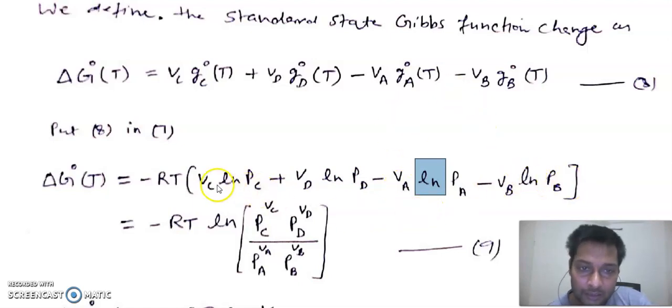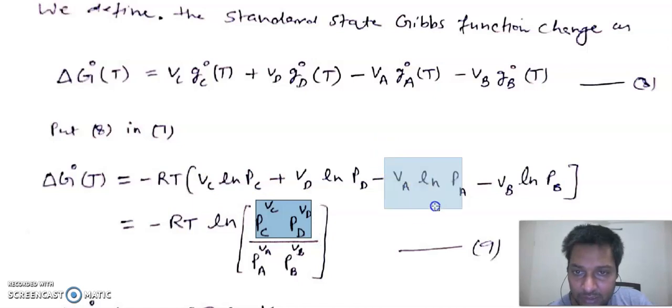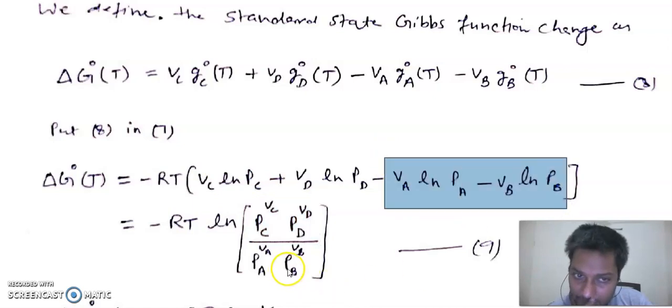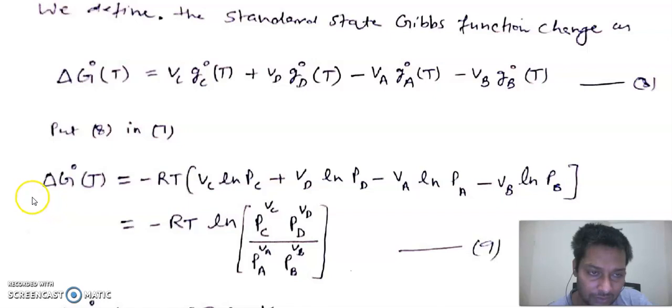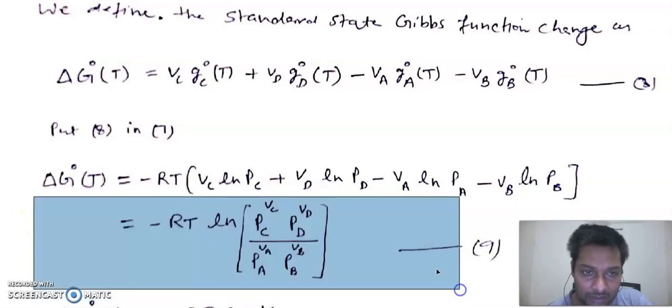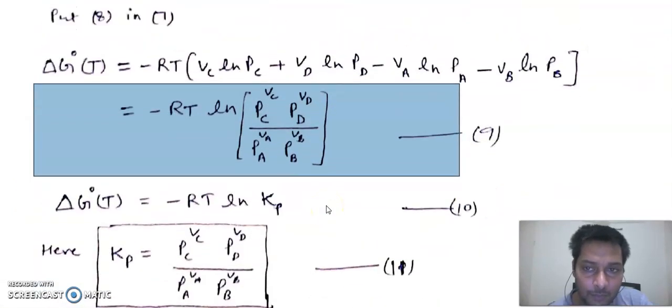Now if you combine these equations and take the logarithm common, the positive quantity will be multiplied, and the negative quantity will go in the denominator. So this will be the final expression for change in Gibbs energy. Let's say this one is equation 9.